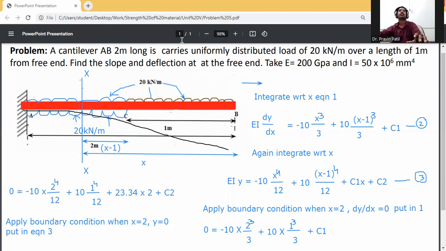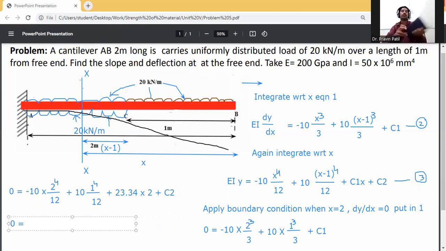From this relation we get the C2 value. 0 is equal to 2 raised to 4 divided by 12 into 10, which is minus 13.33, plus 10 divided by 12, which is 0.833, plus 23.34 into 2, which is 46.68, plus C2.